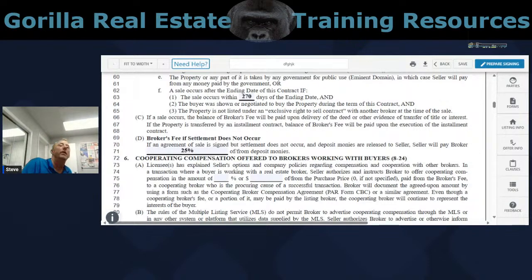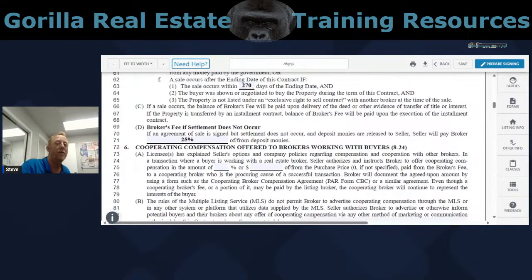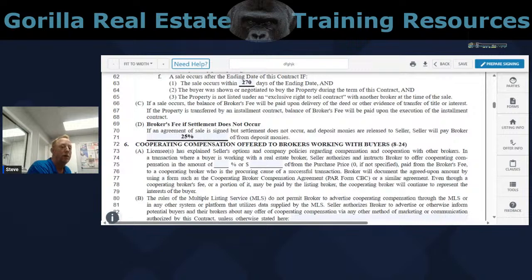Okay. A sale occurs after the ending date of this contract if within 270 days and the buyer was shown the property during the listing agreement. What this was supposed to create was, buyer and seller exchange business cards and say, call me when the listing's up.